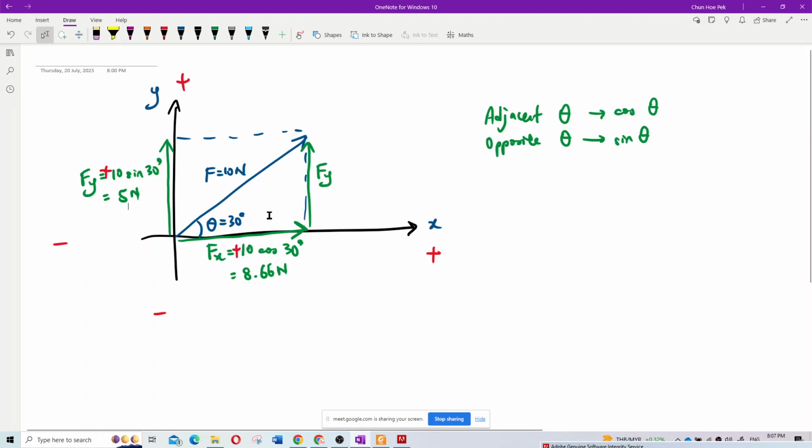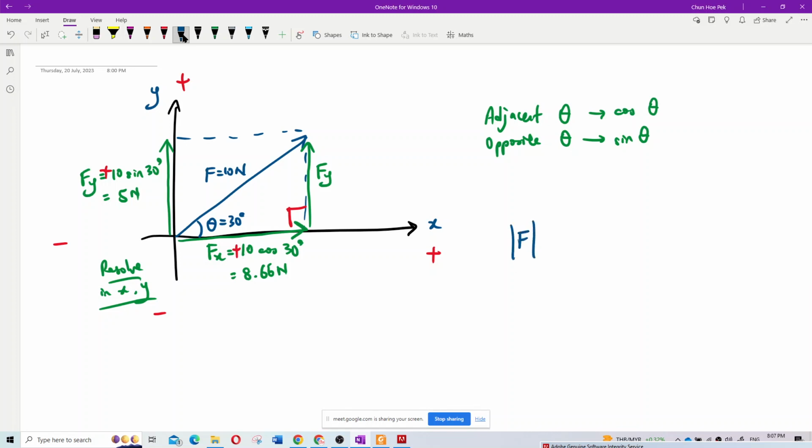We resolve the vector into x and y. Let's say I want to combine these two. Remember, this is a right angle triangle. To combine this Fx and Fy back to F, we just use Pythagoras theorem. So the magnitude of F is the square root of Fx squared plus Fy squared.